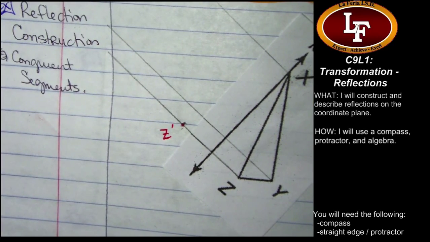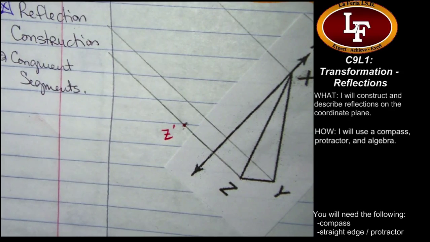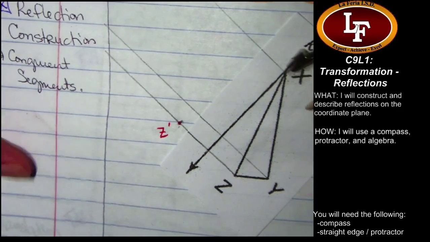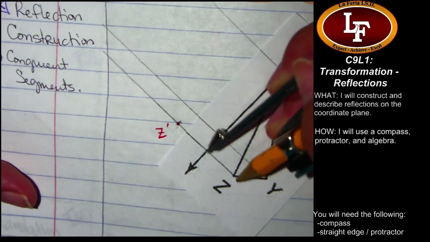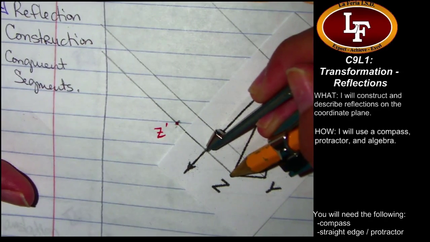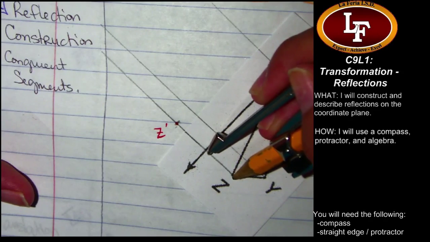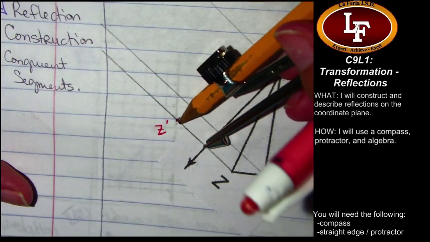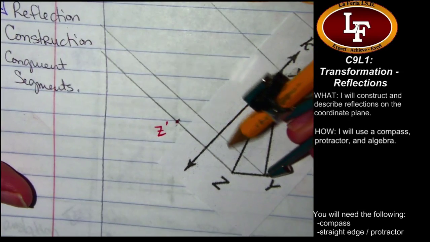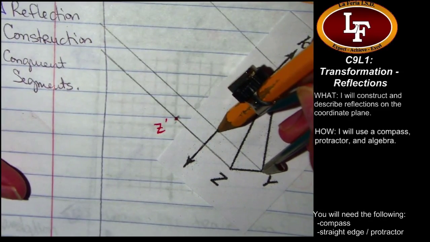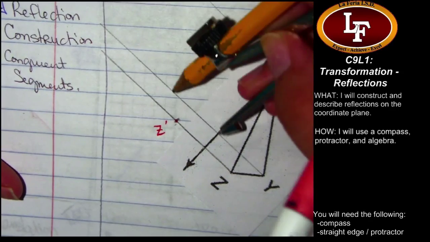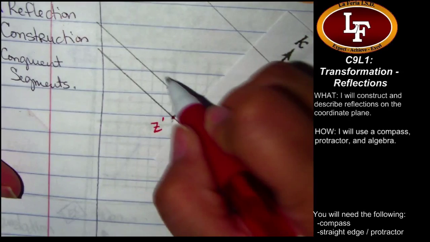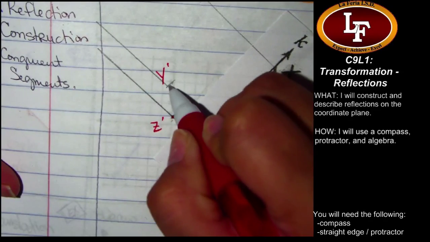No, it's on the line of reflection, so there's no distance here. What did you do there? I found the distance between Z and my line of reflection, and I marked that off on the other side of the line of reflection. Do the same thing to every vertex.